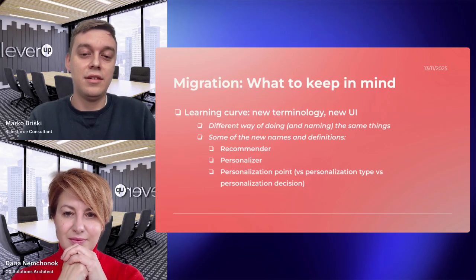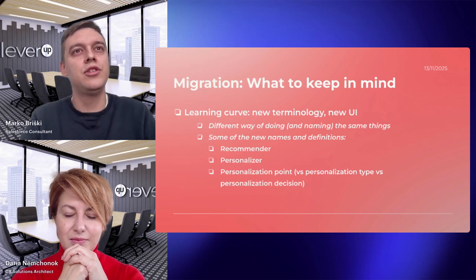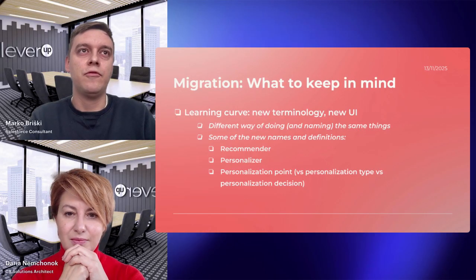The personalizer is a service that runs in the runtime, and its main job is to complete the decision response from the Salesforce personalization. So when the template is being rendered, the personalizer contacts the recommender and tries to get the full data scope to work with on the web page.